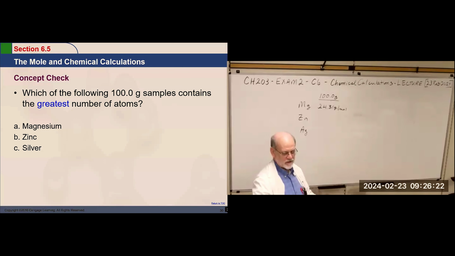Either that or you can tell me. 65.39 for zinc grams per mole. And silver's a lot bigger. 107.87.